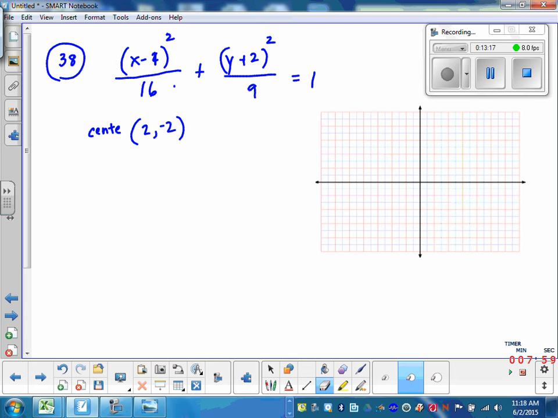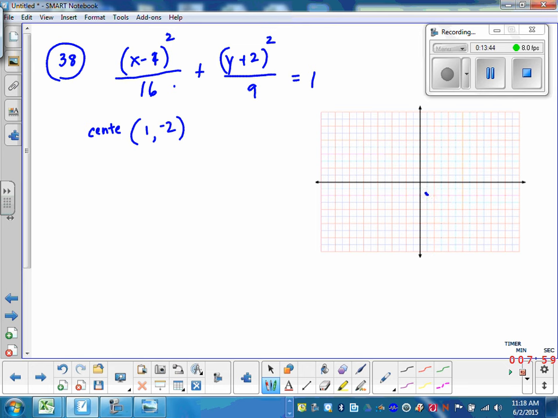So this center is 1, -2, right? So my center is going to be over here, over 1 and down 2. So 1, -2 is my center.